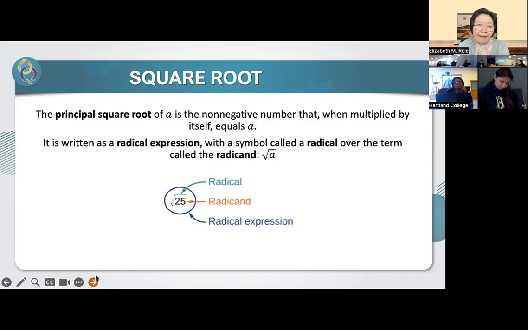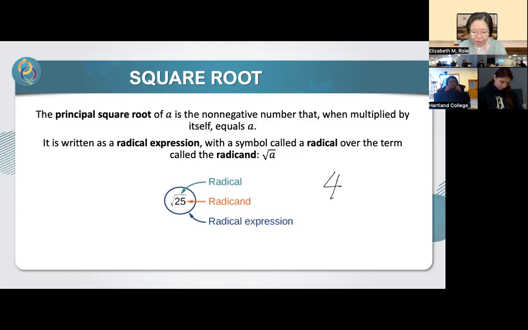In math, there's a thing called the principal square root. Okay, let me just explain. If I say the number 4, what number will I multiply by itself to get 4?